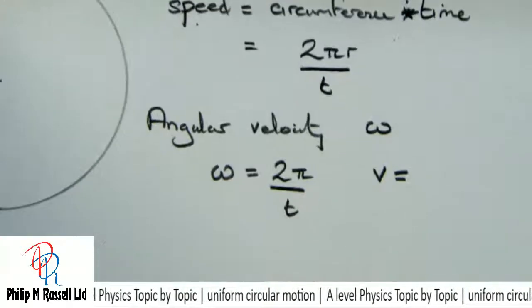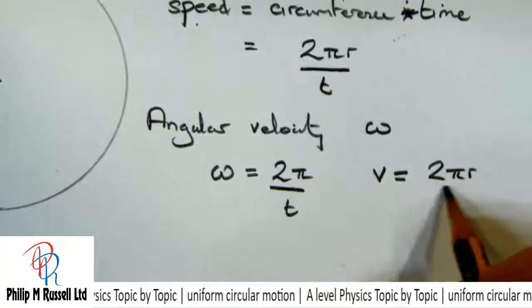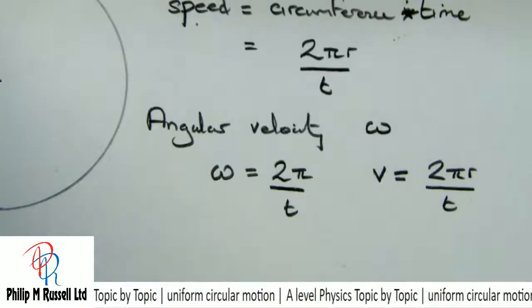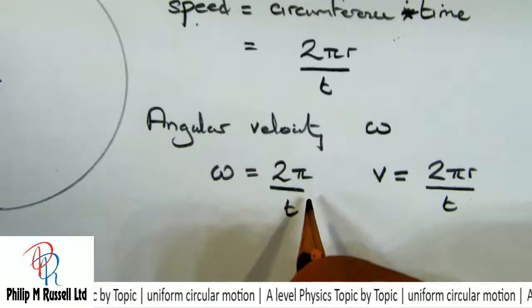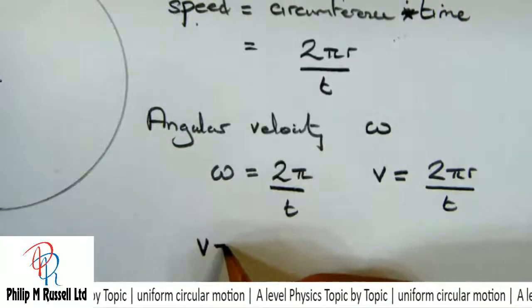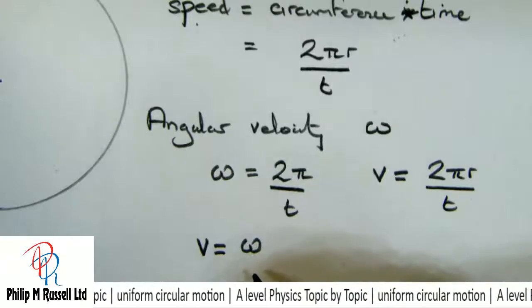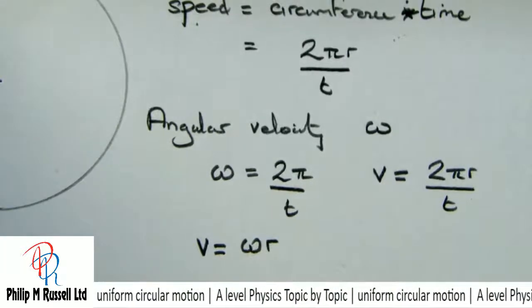I've got here v equals 2 pi r over t, and we've got this idea of angular velocity. So if I want to work out what my velocity is, it's going to be my angular velocity times my radius.